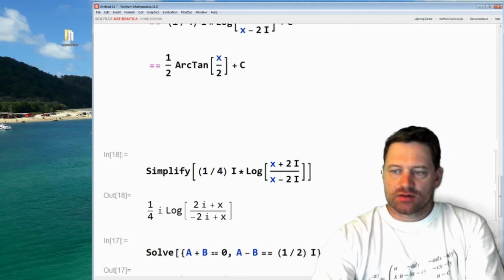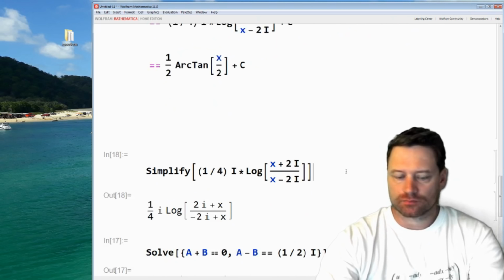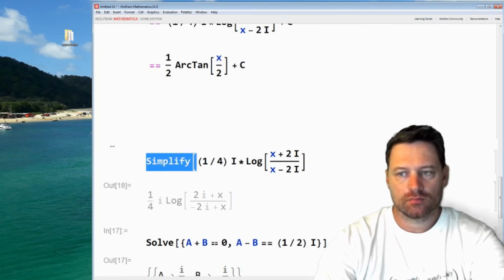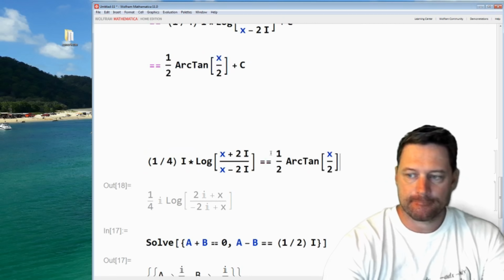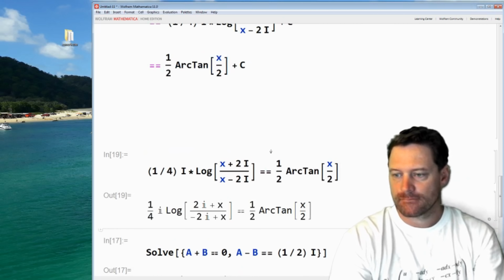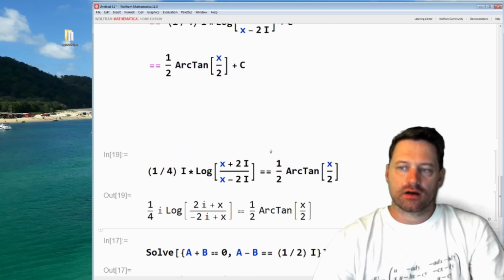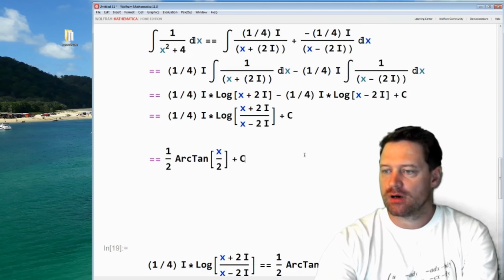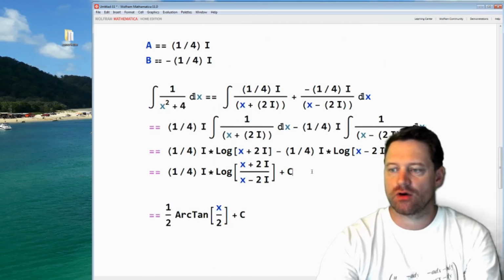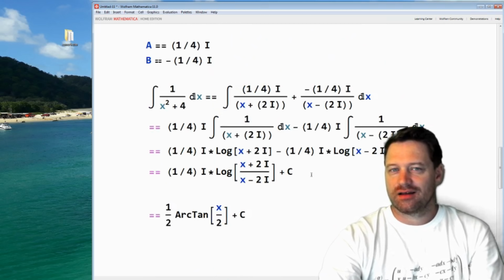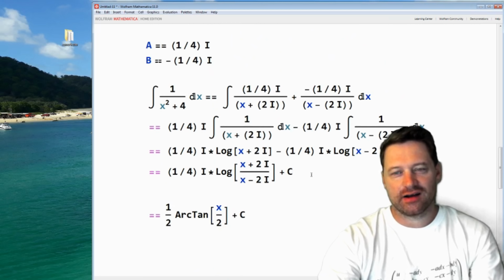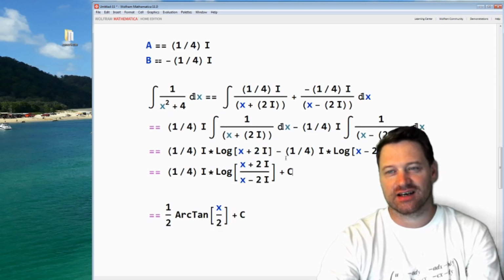No, okay, that didn't work. That doesn't work either. Okay, anyway, these should be the same. All right, so there are a number of ways to calculate the integral. Okay, that's all I have for you for now. I hope you learned something, and I'll see you next time. Bye for now.